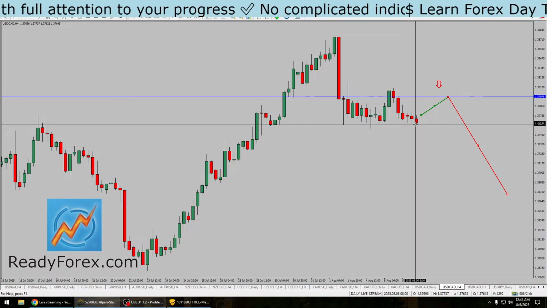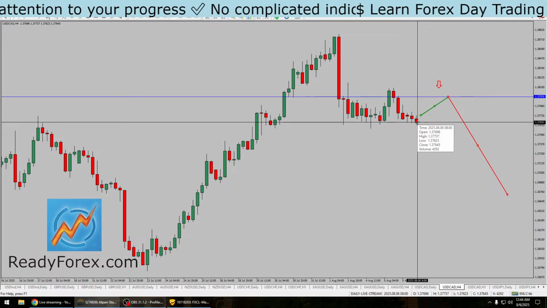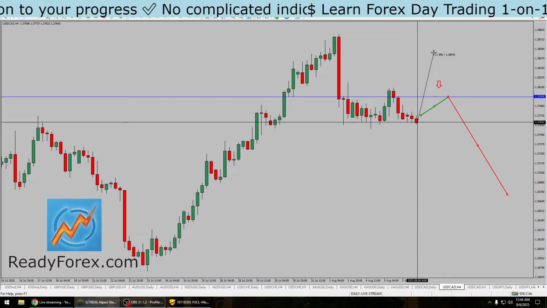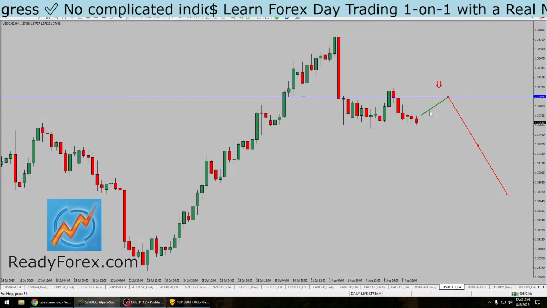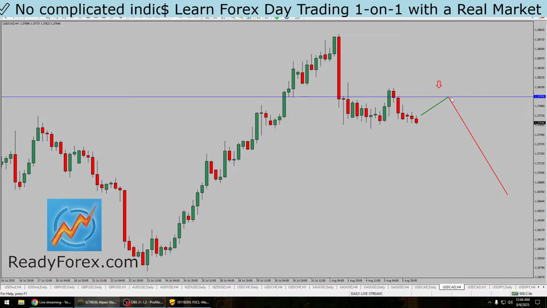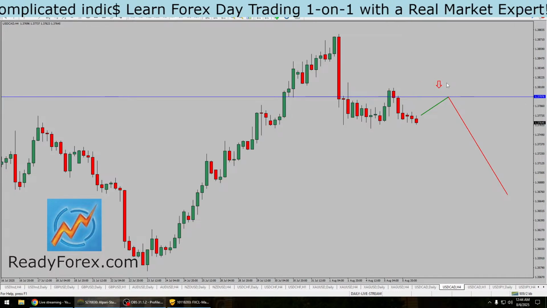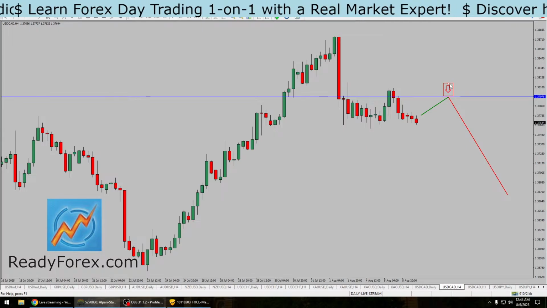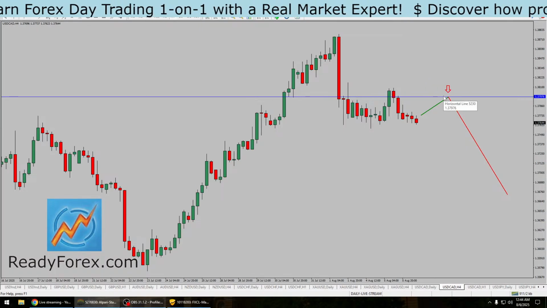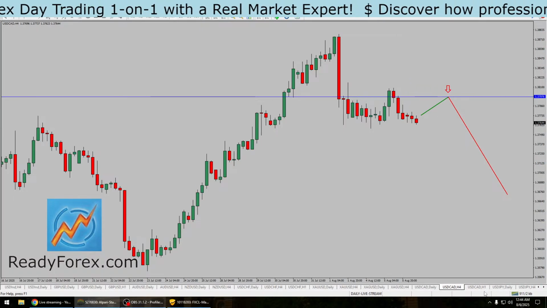Okay, because some traders try to sell over here, and after a few hours price goes back up, and then you lose money. So if you are going to lose money, lose less money, use a small stop loss. So that is the reason why I'm looking for a pullback over here in price action, USD versus Canadian dollar currency pair.